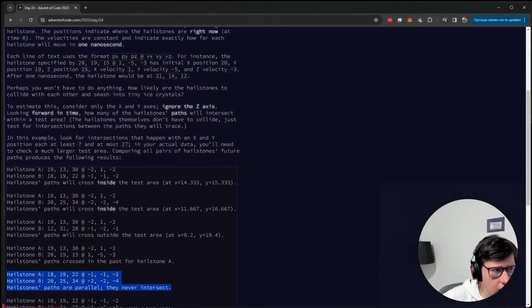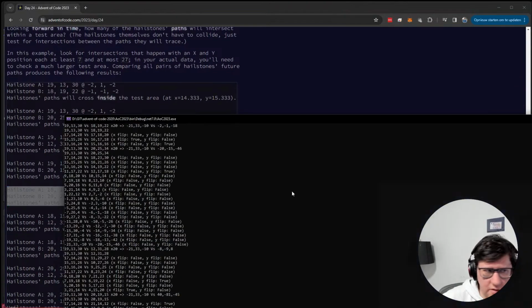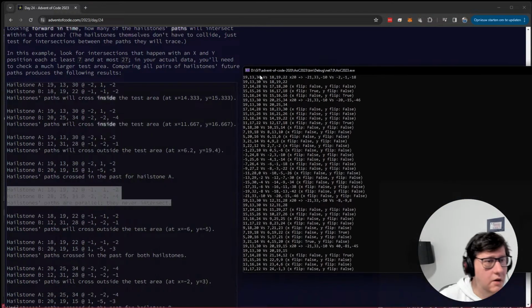Let's align this with this and see if I can make sense of it. Let's see. 1913 versus 1822. This is the same, yeah, right? Actually, they are equal here, so that should be fine as well.